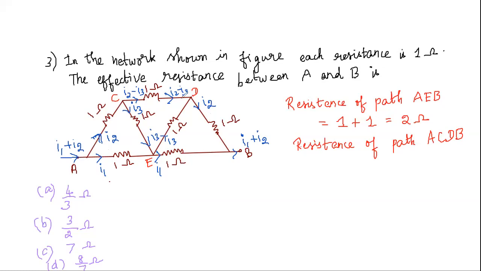So A to C, C to D, and D to B. So here you are already having a 2 ohm here, right? The remaining resistances you have here. So here you are having one resistance, that is 1 ohm. So this 1 ohm plus 2 and 1.